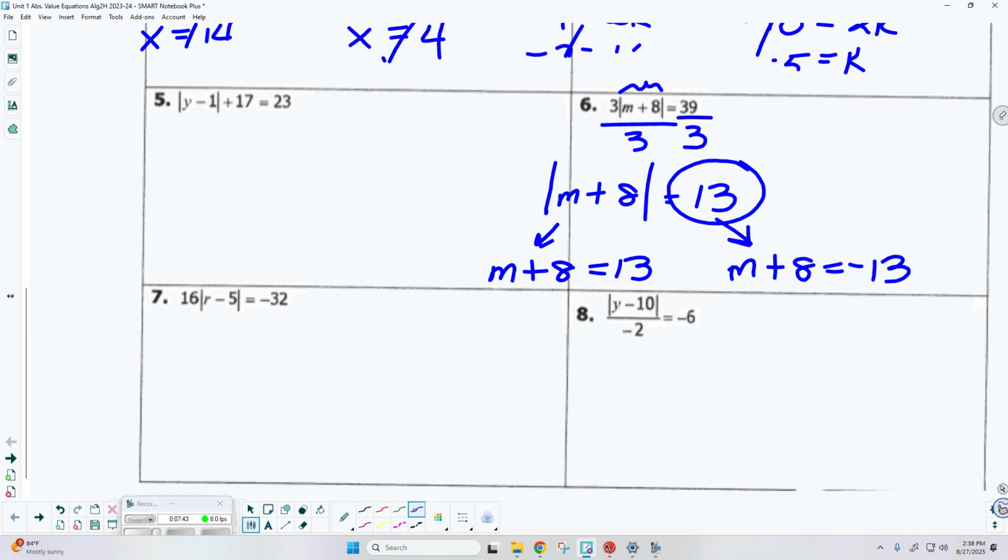Now we go ahead and solve for both of our equations. And this is going to be super easy. All I got to do in each case is subtract 8. So for at least the first couple, I'll show the movement of terms. So first 13 minus 8, 5. And then we'll subtract 8 again. But this time, what's a negative 13 minus 8?